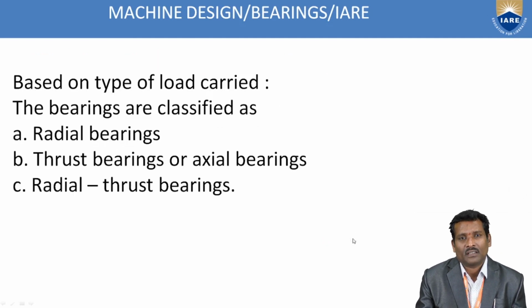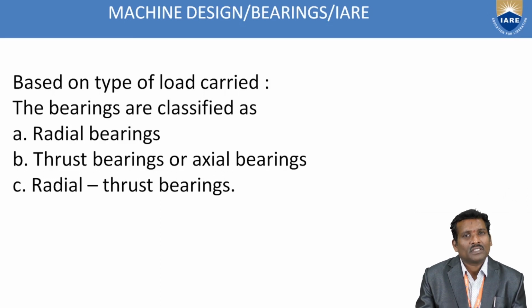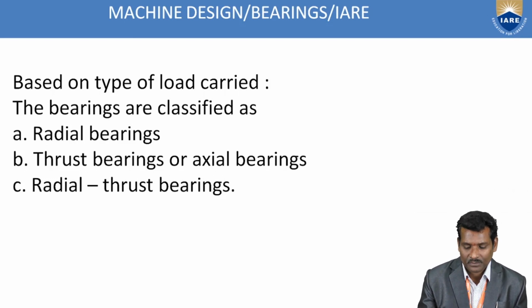First we will take based on the type of load carried. In this category, the bearings are classified into three types. One is radial bearings, another one is thrust bearings or axial bearings, and the third one is radial and thrust bearings, the combined load bearings.